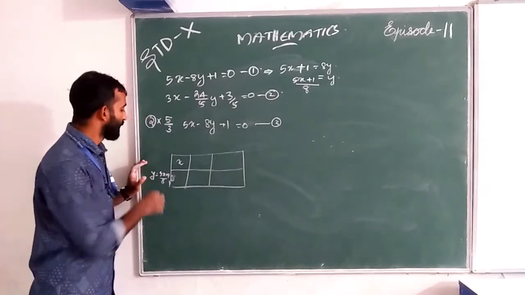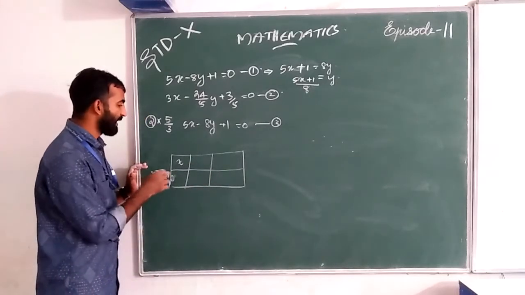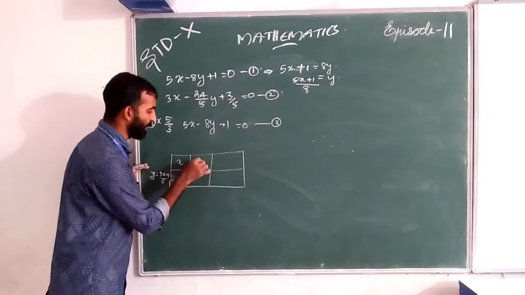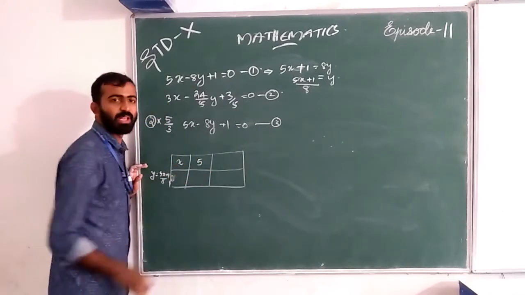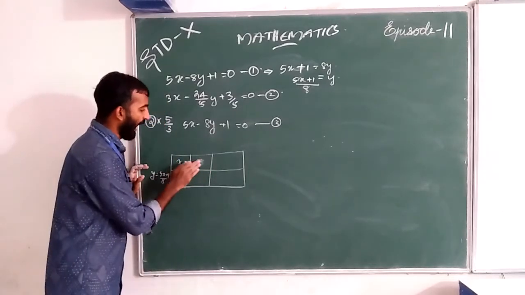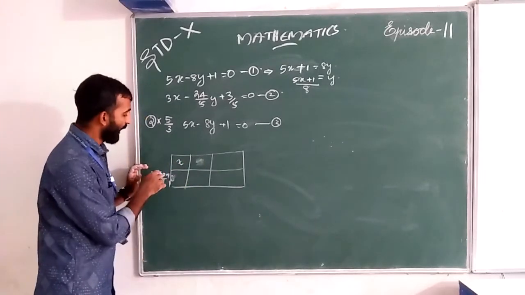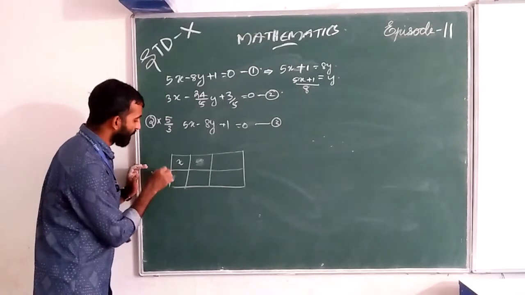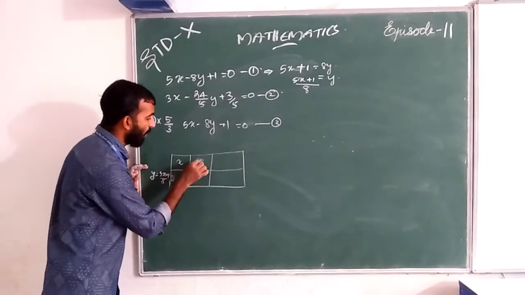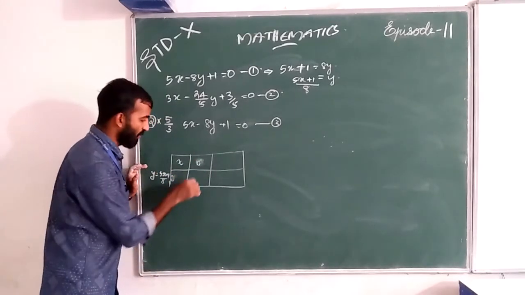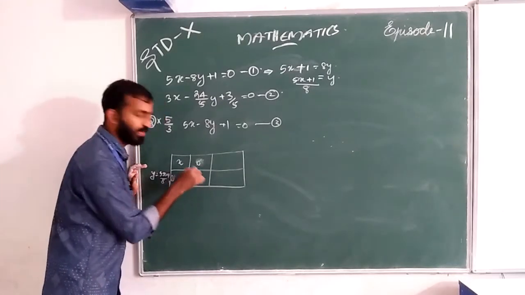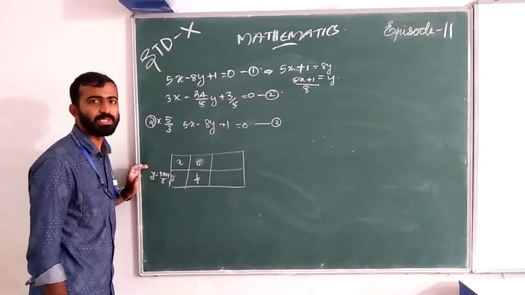When we give x as 0, what we get is 1 by 8.